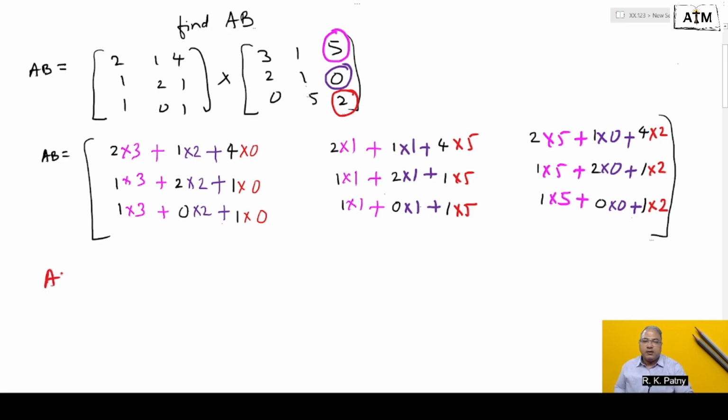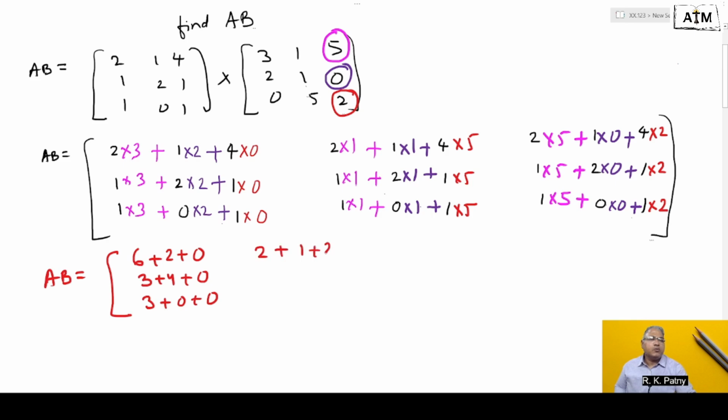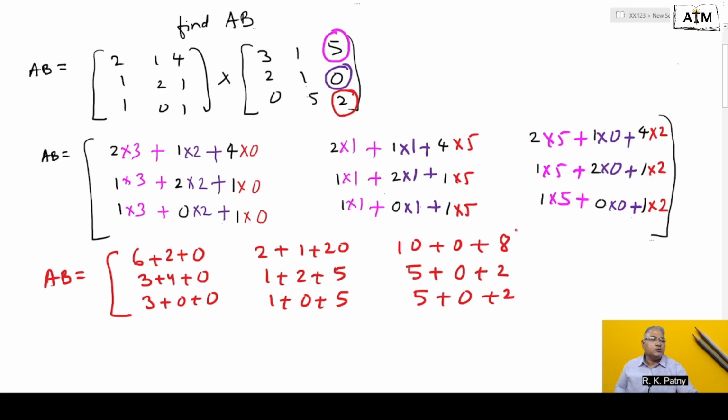After that, next step, simplifying, that is 6 plus 2 plus 0. Simplifying each part of this multiplication: 3 plus 4 plus 0, 3 plus 0 plus 0, 2 plus 1 plus 20, 1 plus 2 plus 5, 1 plus 0 plus 5, 10 plus 0 plus 8, 5 plus 0 plus 2, 5 plus 0 plus 2.